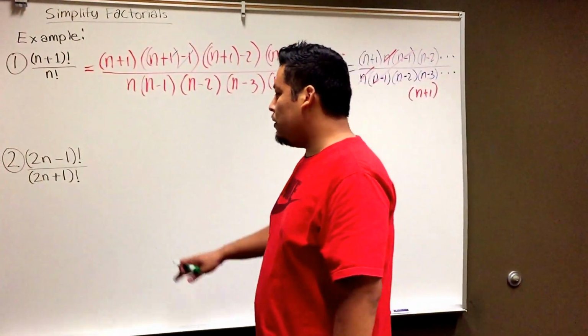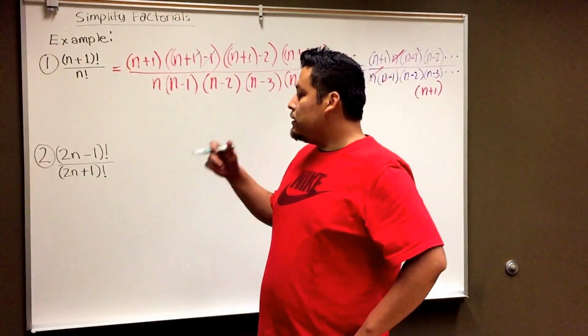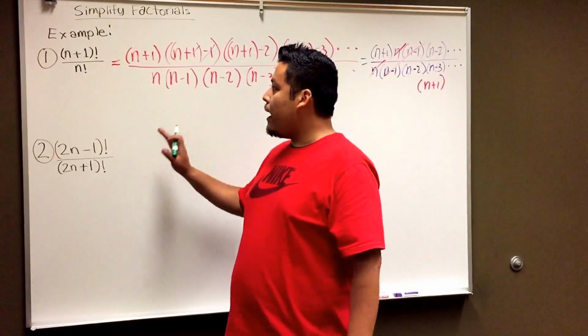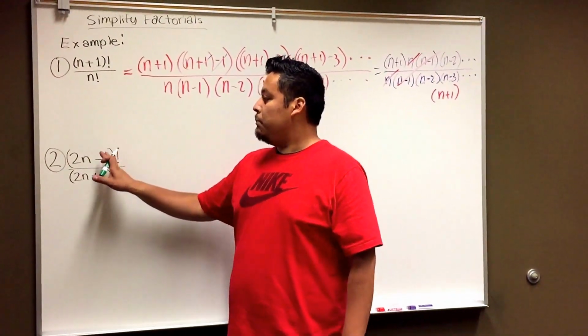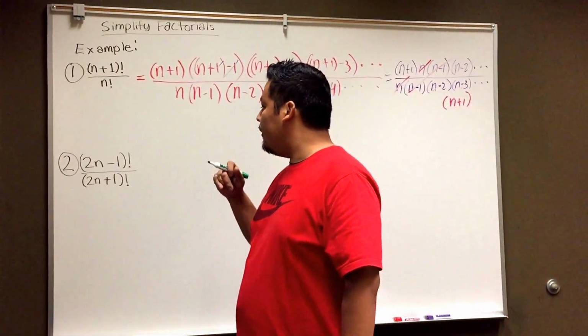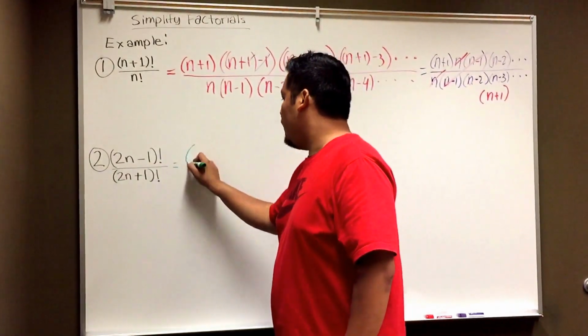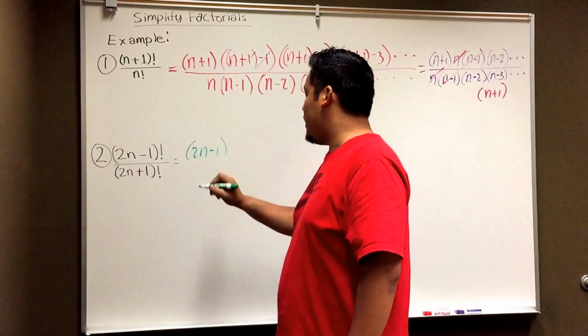Okay, now here we have another example. We're going to continue with the same process. In this particular problem, our n factorial is simply this expression, 2n minus 1. That will be our n, and then factorial. So this is equal to, again, the same factor originally as it is.